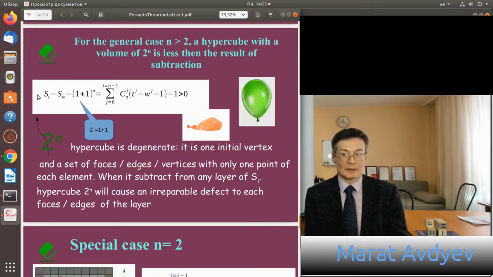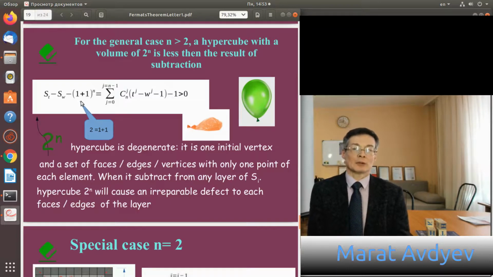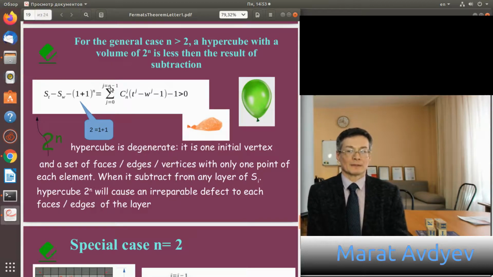The subtraction of the difference between layers and the 2 power n hypercube is equivalent to 1 plus 1 power n. Here is the formula. Be accurate. We should be accurate with the index from 0 up to n minus 1. This is greater than 0.